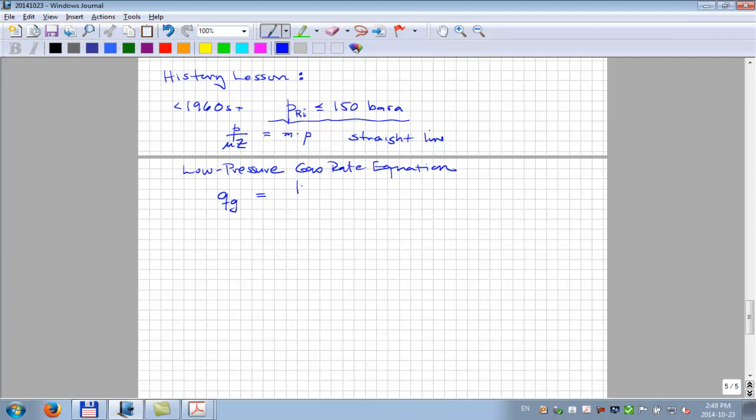You end up with KH over 2 because of the integration, PR squared minus PWF squared over TR. And now we've got a mu z term here and the log RE over RW minus 3/4.